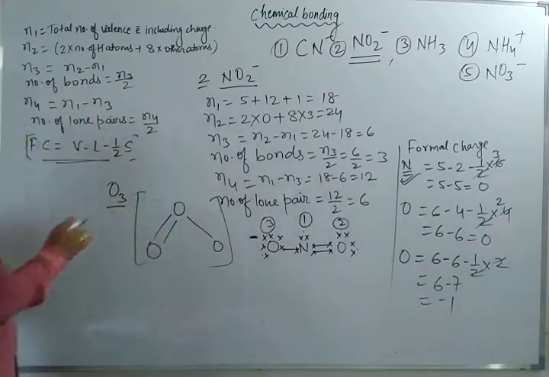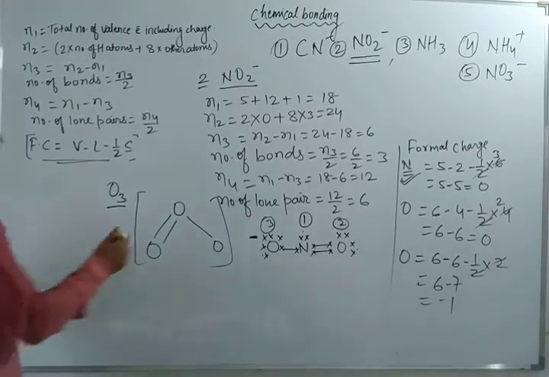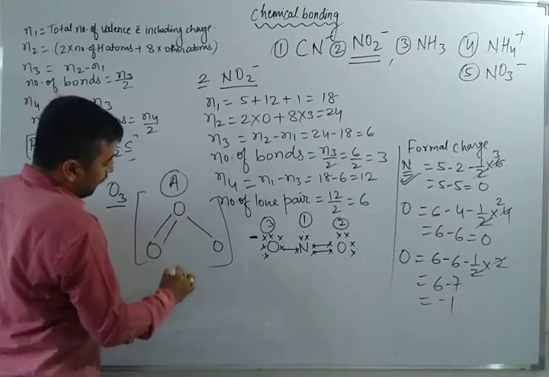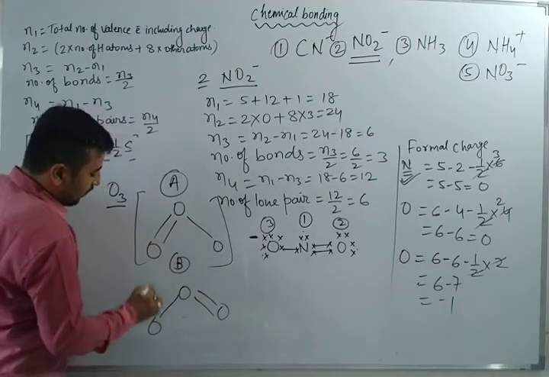I just ask you how many structures are possible. Resonance means more than one Lewis structure. The oxygen-oxygen bond on the left is a double bond and the oxygen-oxygen bond on the right is a single bond. If I change, this is structure A and this is structure B, oxygen-oxygen single bond and oxygen-oxygen double bond.